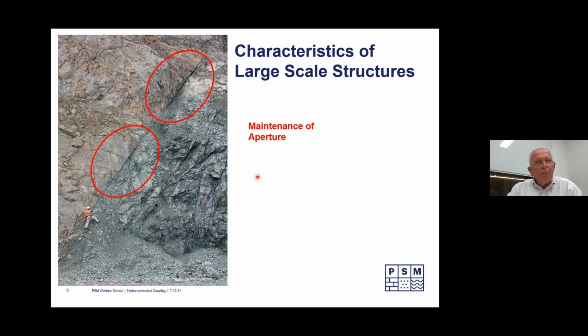So maintenance of aperture, even on very large structures. And that gives us an anisotropy in the permeability, as shown here with those blue arrows. Clearly, it's going to be much lower permeability trying to go across that structure than it will along the structure, because we have these channels, these irregular channels that nearly always have a tortuous path that are in the plane of a structure itself.